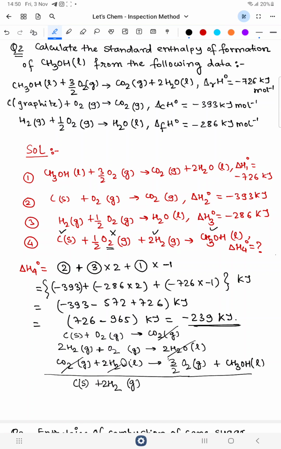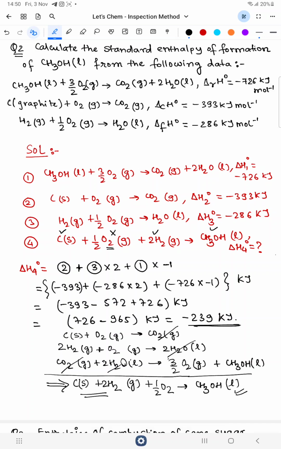Now O2 plus O2 is 2O2 minus 3 by 2O2 can be written as half O2 gives CH3OH liquid. So again you can check, we are getting our equation number 4. In all the cases you will get equation 4, so you don't have to worry about that.